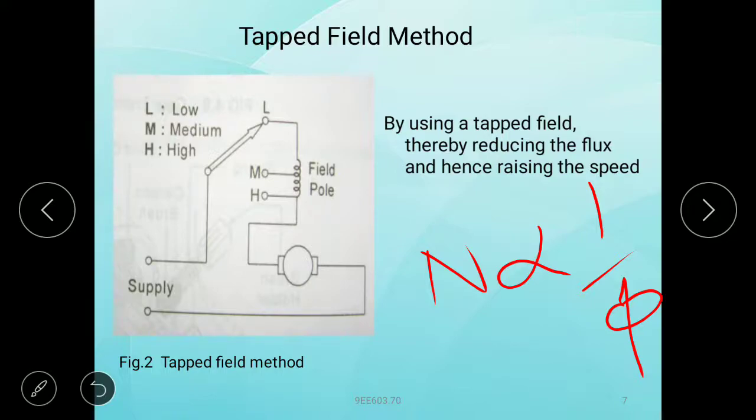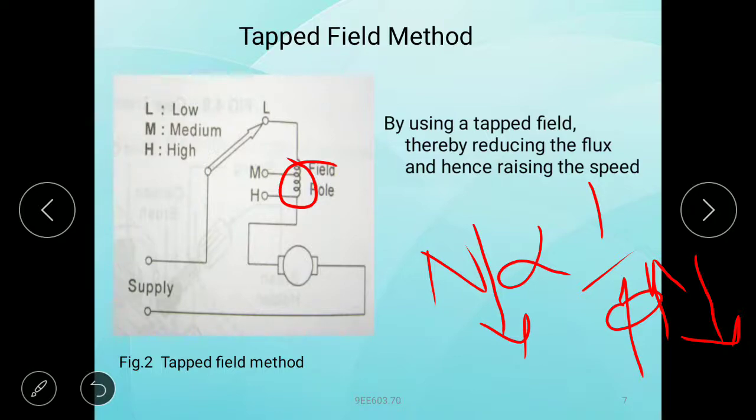If the number of field turns is more, then the flux is high. When the flux is high, the speed is reducing. When the number of tapped field turns is reduced, the flux is reduced.